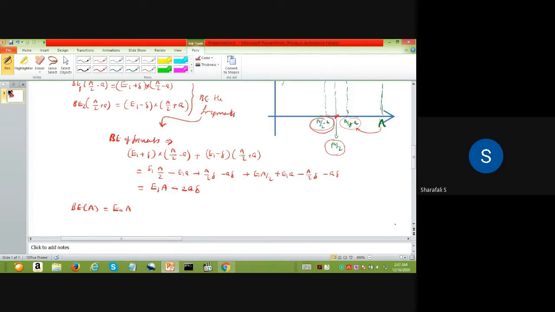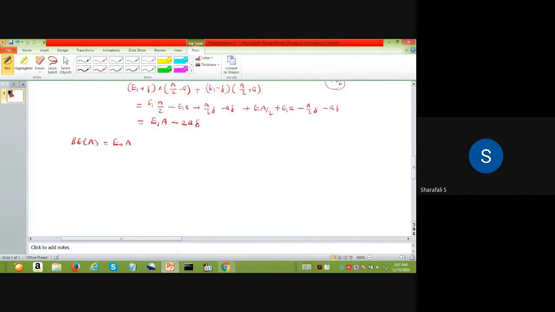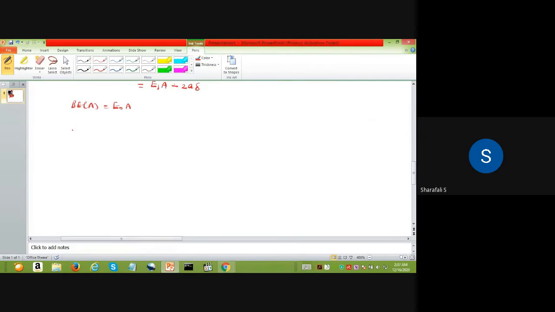Okay, so now what is the difference between these energies? So the difference in binding energy for parent and daughter nuclei. If you calculate this, that will give us the delta of binding energy.